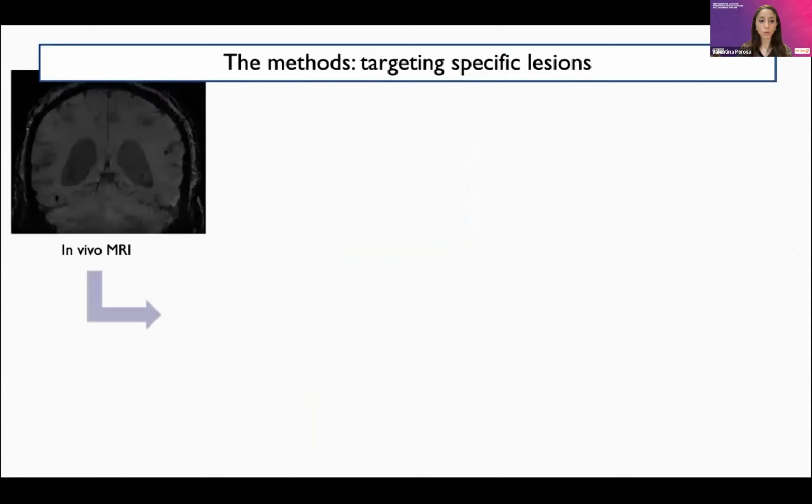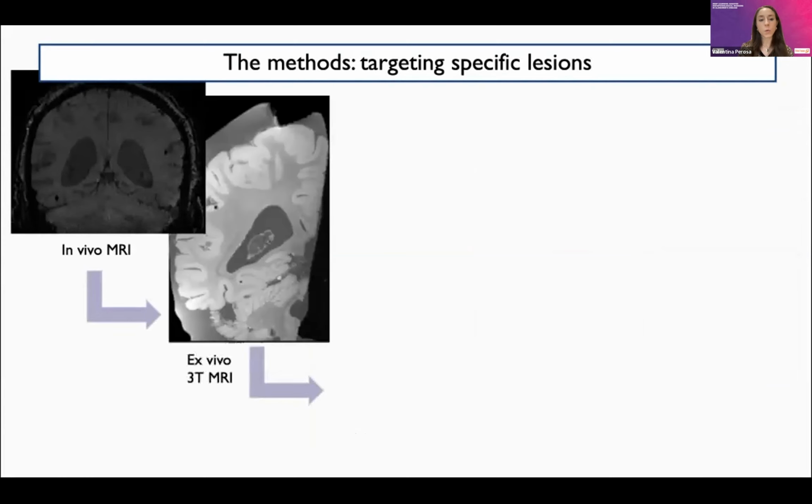And when we want to analyze a specific lesion more in depth, we first of all go back into the in vivo MRI, so the MRI that was performed during the life of the patient. Then we look at the ex vivo MRI, where we have a higher resolution and we can better locate the lesion that we want to look at.